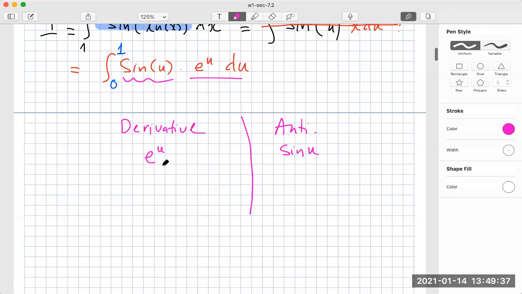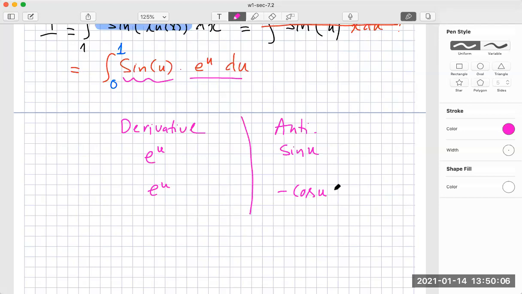What is the derivative of e to the u? Beautiful. E to the u. And the antiderivative of sine is, yes, negative cosine. That's a good catch, right?